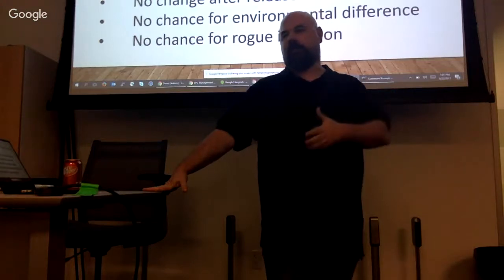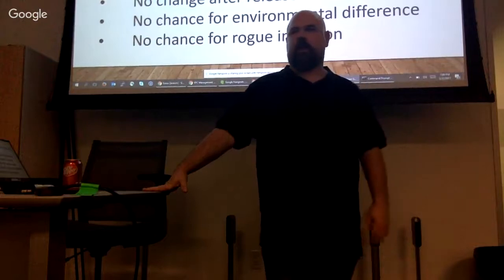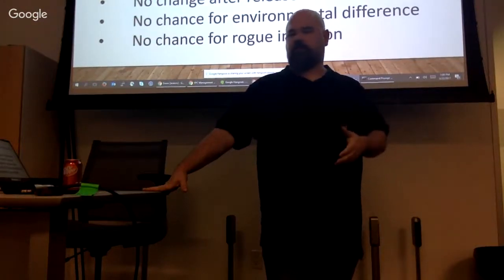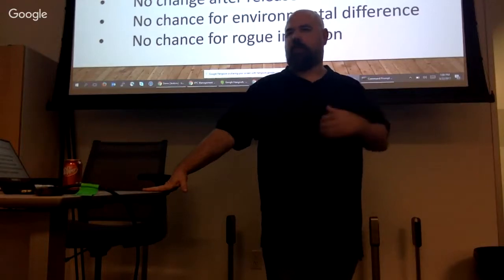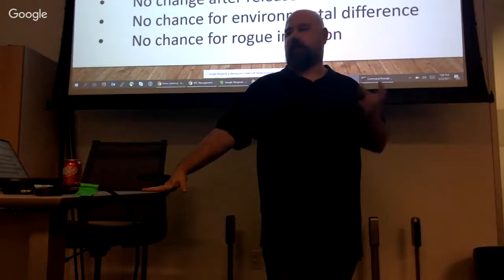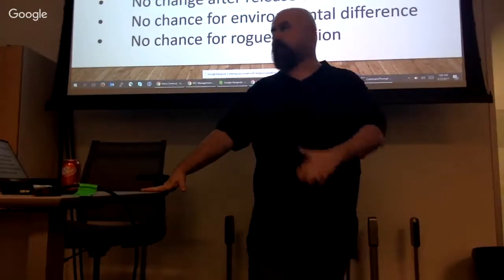From QA to production, let's pretend you have an e-commerce application, right? 1.2, you strike a new server, you put 1.2 on it, you deploy it, and it's the same server in every place: in QA, in UAT, in perf, and prod.